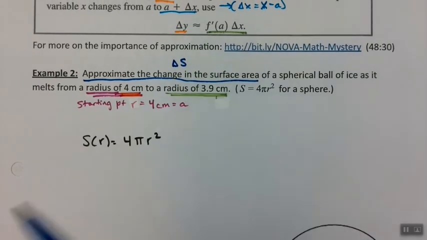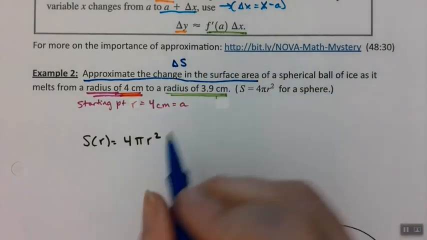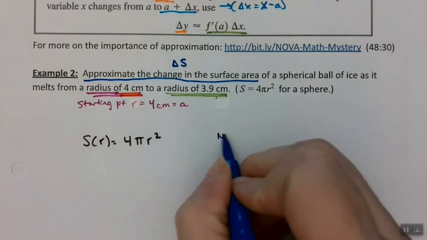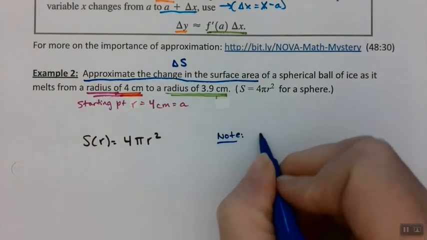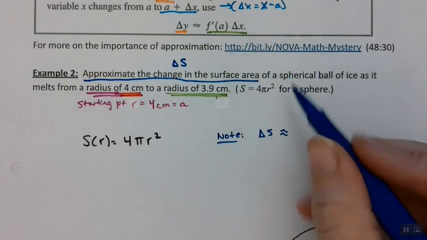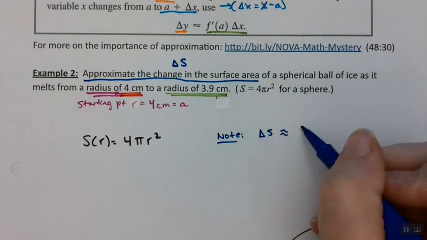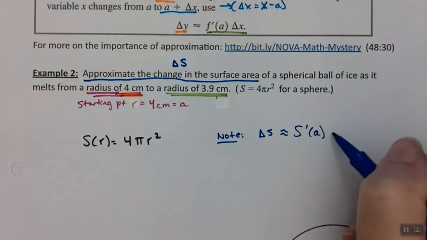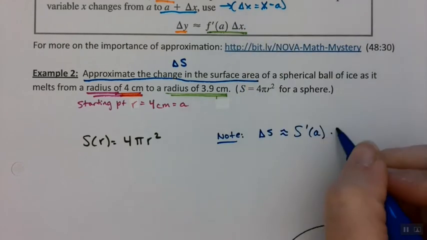Delta S is approximately, so let's make a note, delta S is approximately S prime of a times delta r.